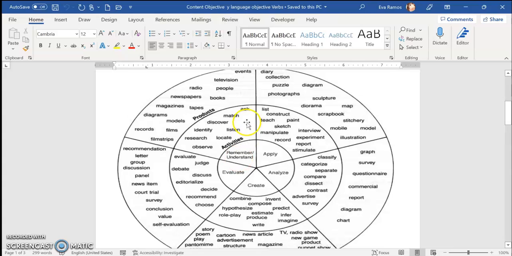They can match, they can listen and color, you can observe. So there are many things that you can use besides identify. This is another document that I will be sharing with you in the links below in the description. So this is just the introduction to the lesson planning. See you in part 2.